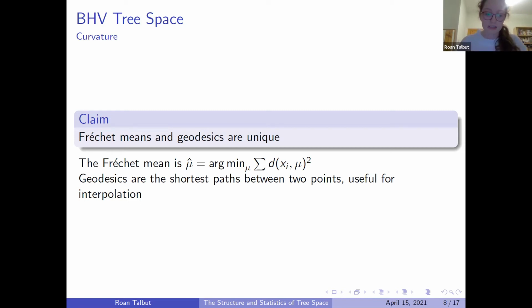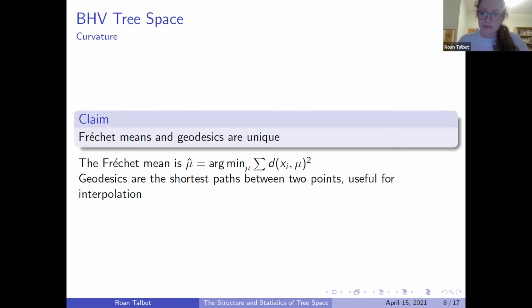Geodesics are just the shortest path between any 2 points, and Frechet means are the point which minimizes the sum of squared distances to points in our data set. In standard Euclidean space, that is just the normal concept of a mean, but it can become more complicated, and we don't necessarily have unique means in other spaces, but luckily we do here.